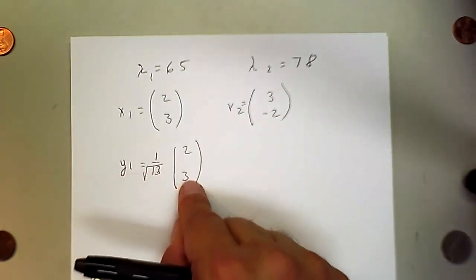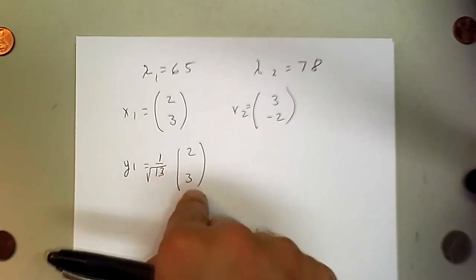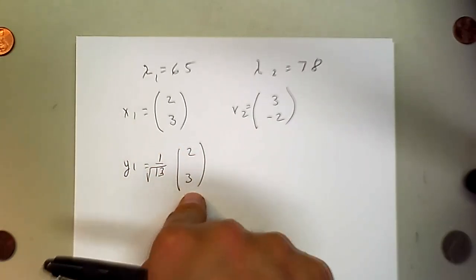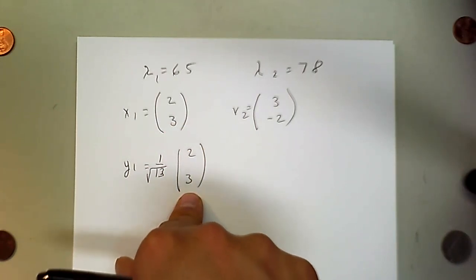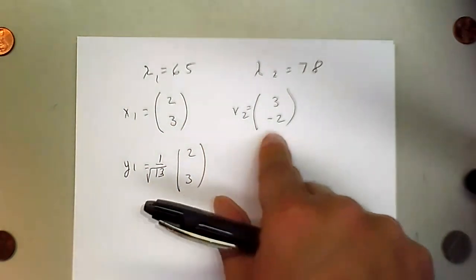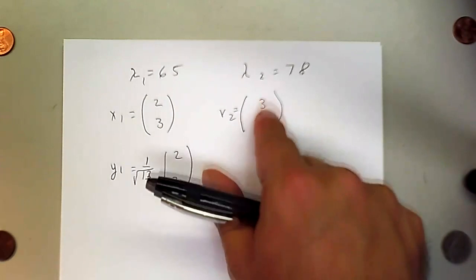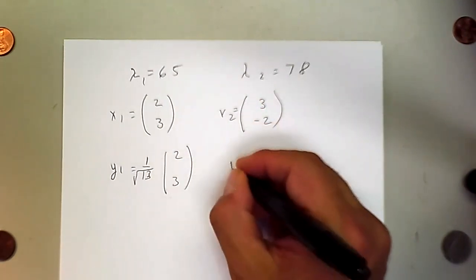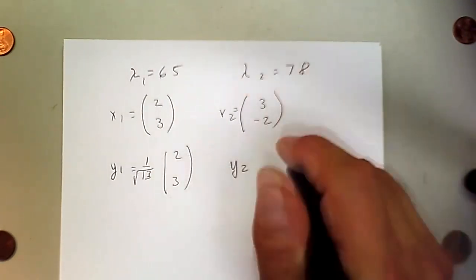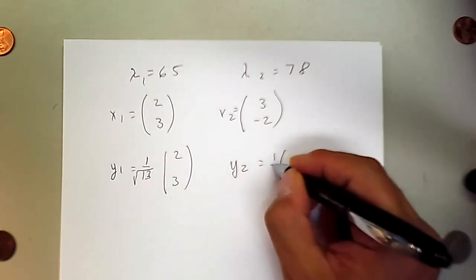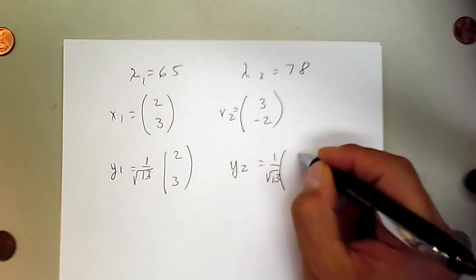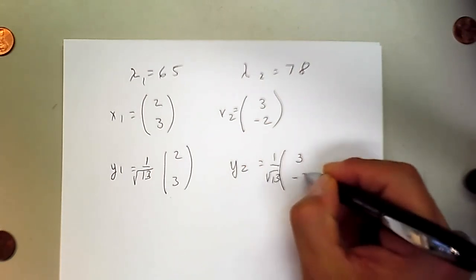This is a new eigenvector, which is improved upon this one because it has a length of 1. The length of this guy is also square root of 13. So y2 corresponding to lambda 2 will be 1 over square root of 13 times 3, negative 2.